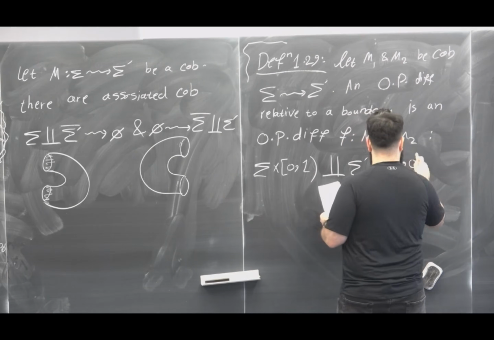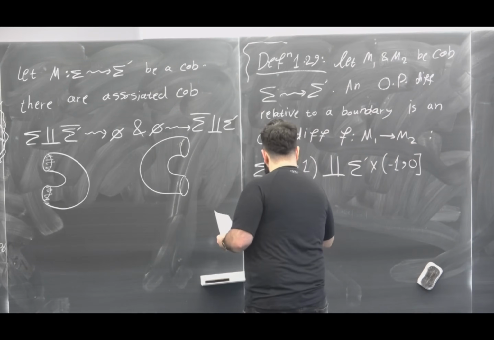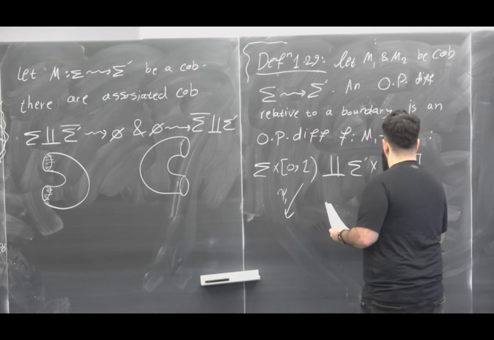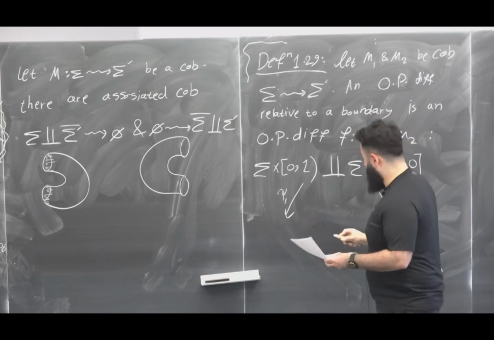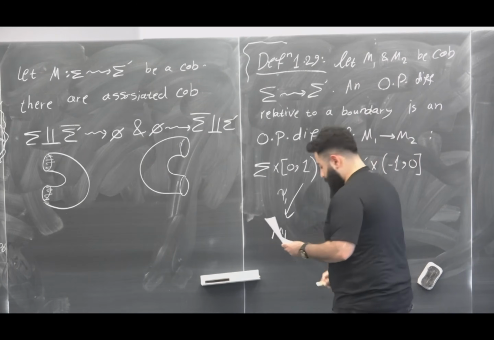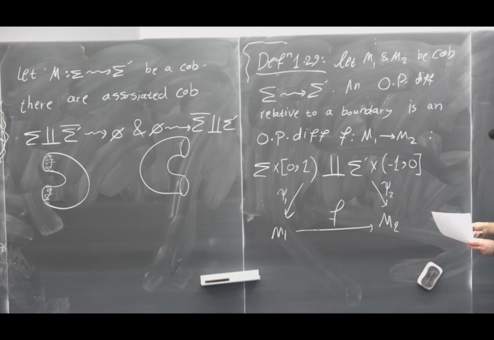I have my first diffeo, my second diffeo, and this goes to my first cobordism, then my second cobordism, and my F is this map here, such that it makes the diagram commute.